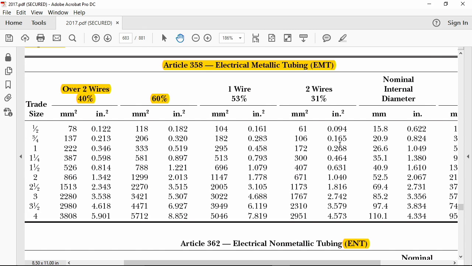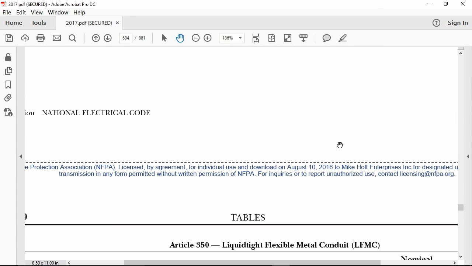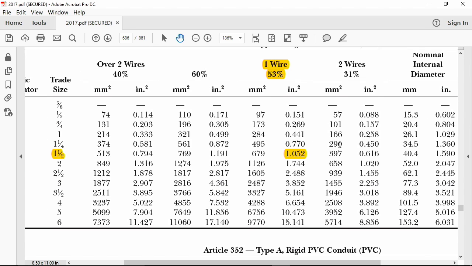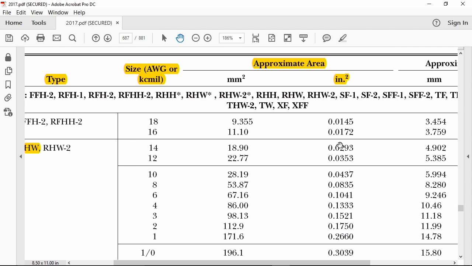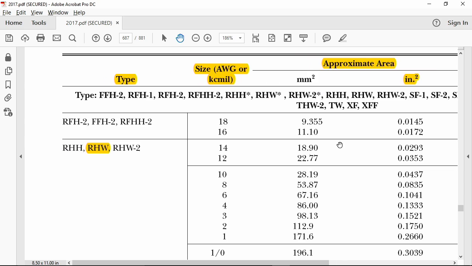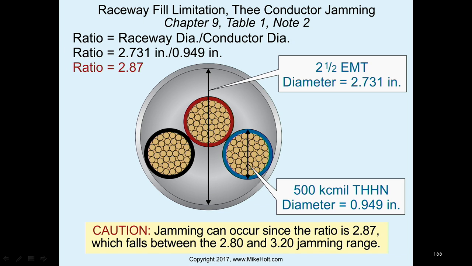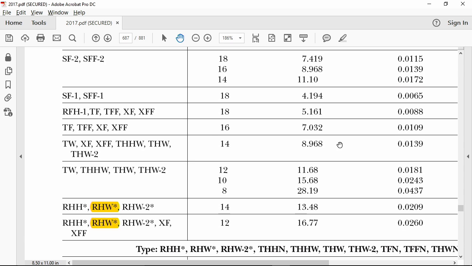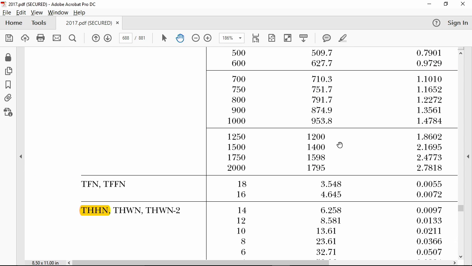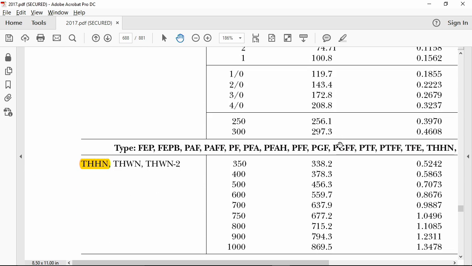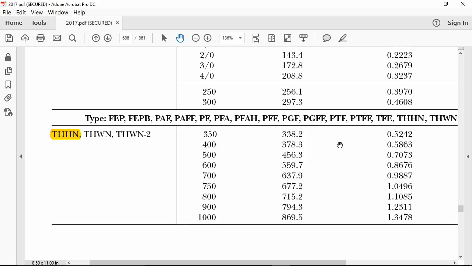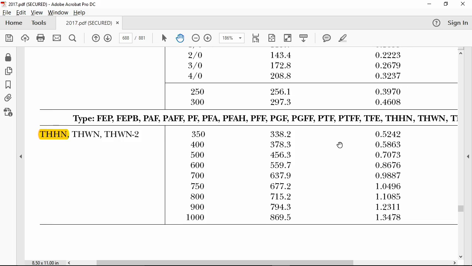500 kcmils. And what kind of conductor is that? THHN. So I think I highlighted already before, so that should make it easier. 500 kcmils, THHN.